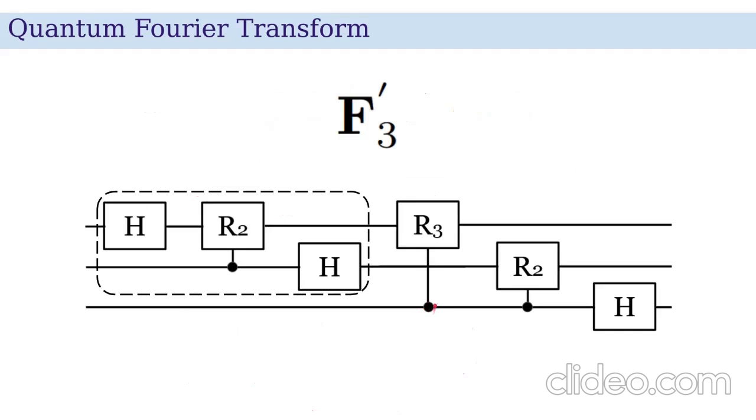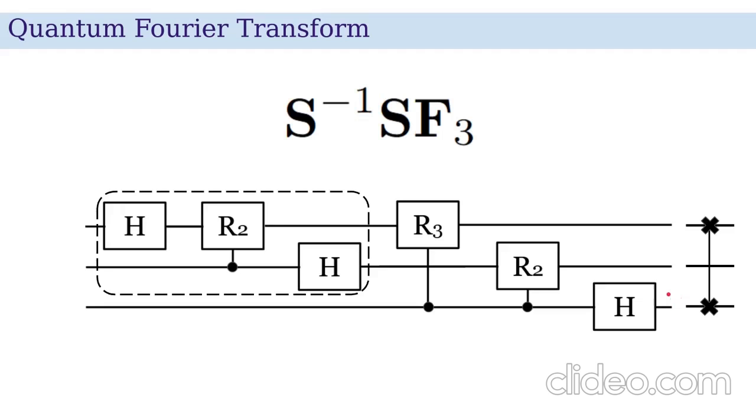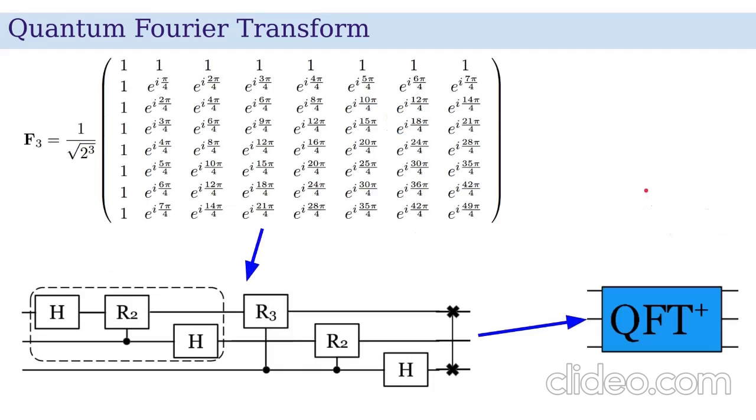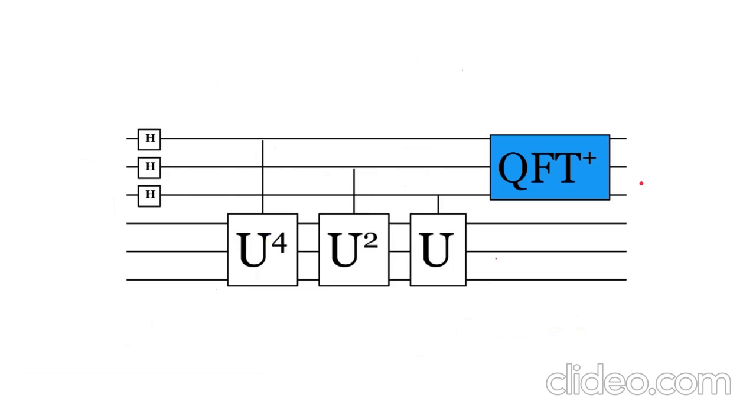Now let's come back to the swapping that we did in the beginning. Actually, in this circuit, the most significant bit of the output comes at the bottom line. So we need to flip the order to be consistent with the convention throughout the circuit, like this. We just saw how we can derive the QFT circuit from the standard DFT matrix.